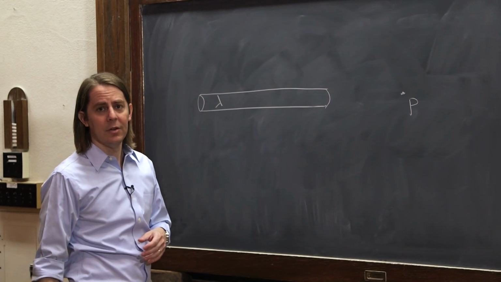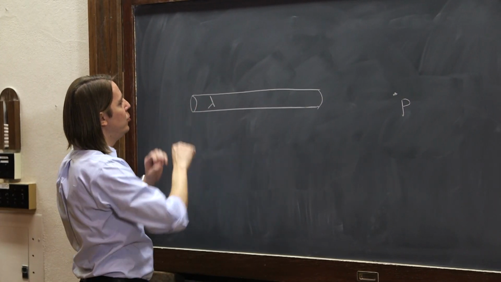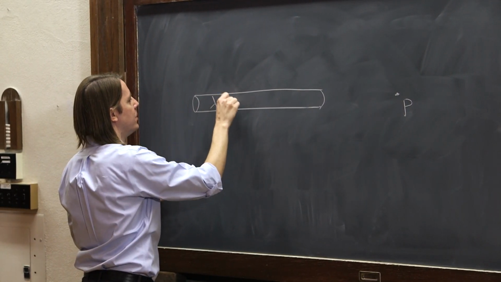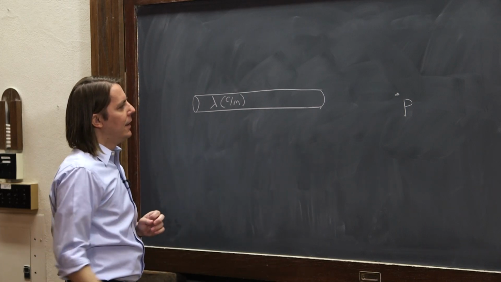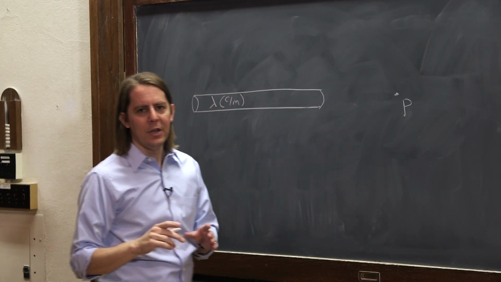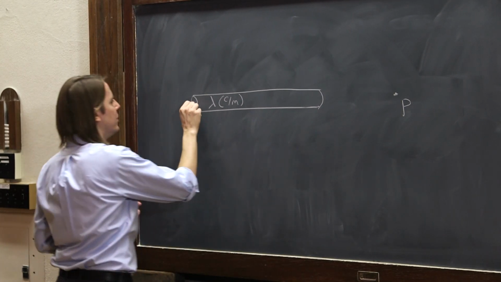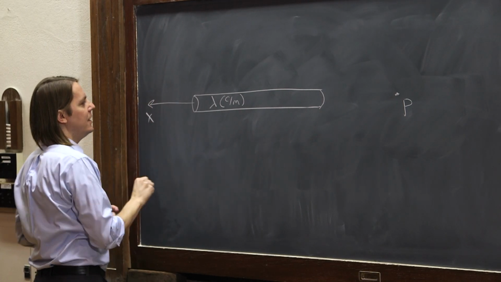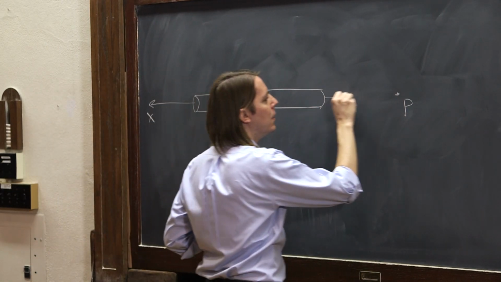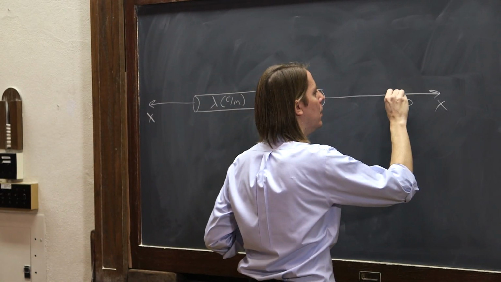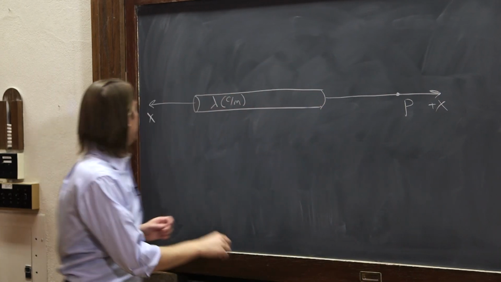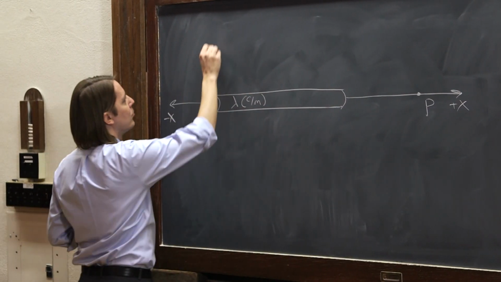That's its charge density. Like we talked about before, that's the number of coulombs per meter of charge on this rod. It has a length L, so at this point we need to set up a coordinate system. Let's imagine that the rod is sitting on the x-axis. So there's plus x, and there's minus x, and let's say it's sitting right at the origin.